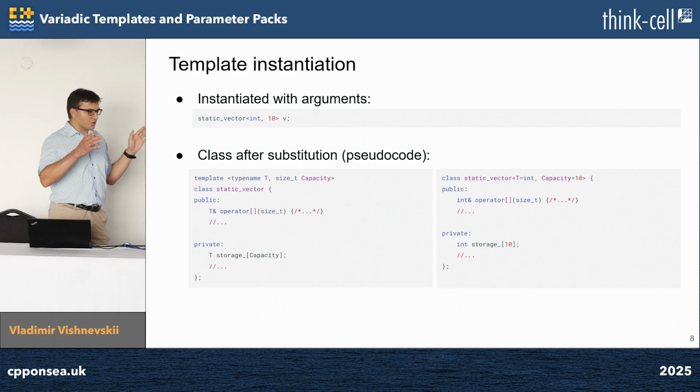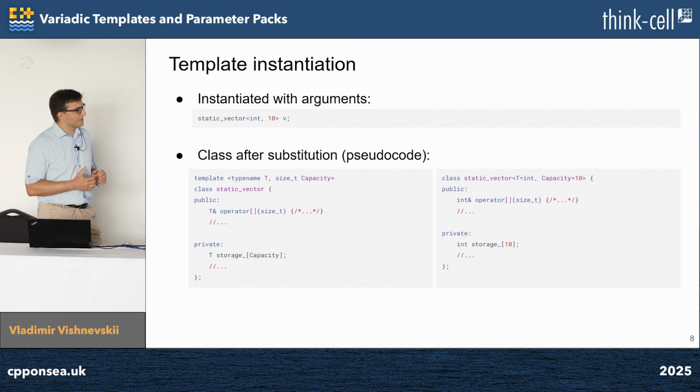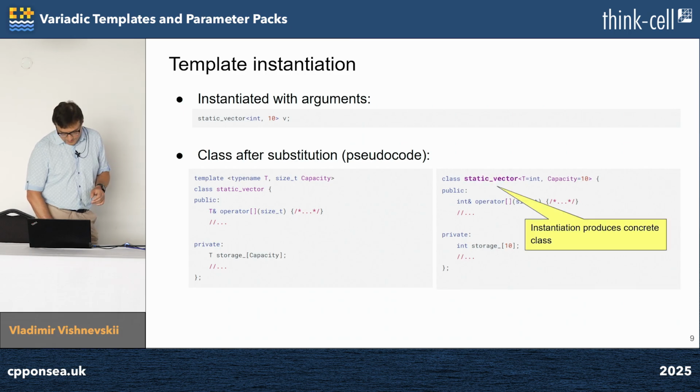When we instantiate the template and provide the arguments for the template parameters, those parameters inside the template body will be substituted by the provided arguments. It will produce a concrete class. It will not be a template anymore.